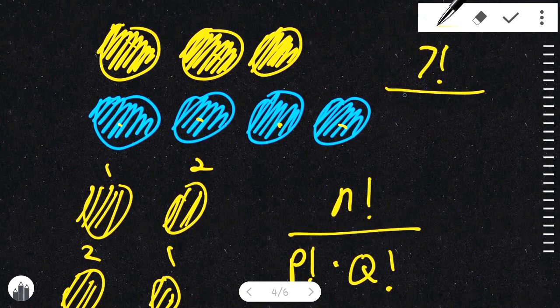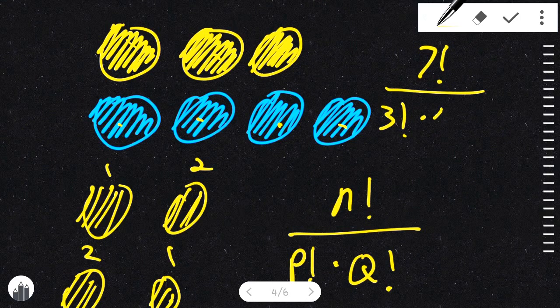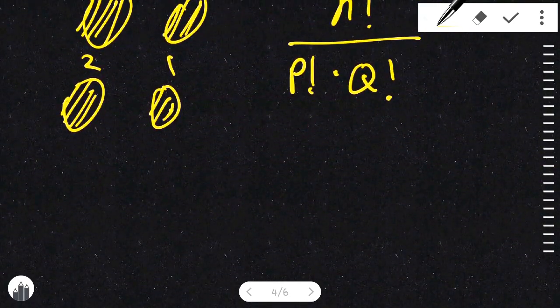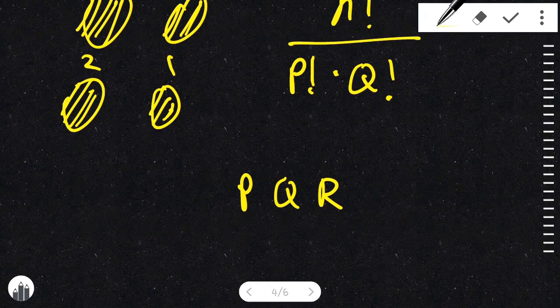So we have 3 yellow balls here, so we have 3 factorial multiplied by, we have 4 blue balls here, which is 4 factorial. It's not only p and q you could have, there could be p, q, r, if there are more repeated values.